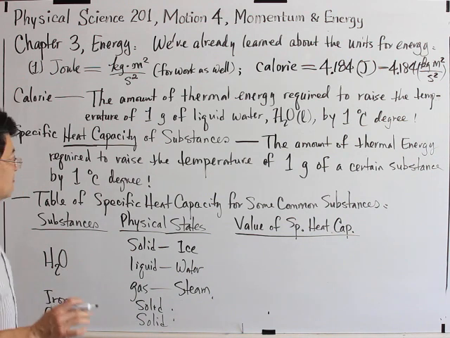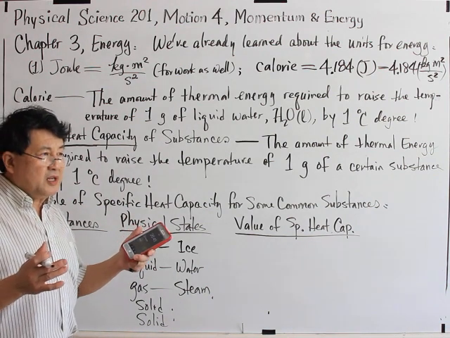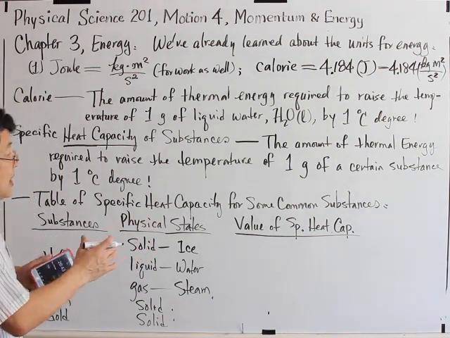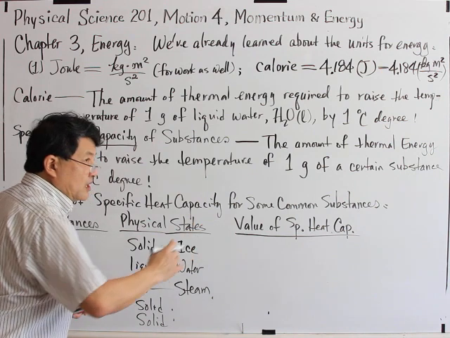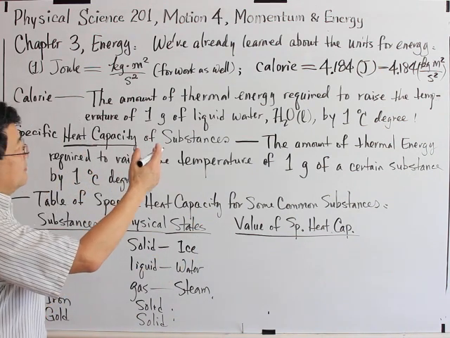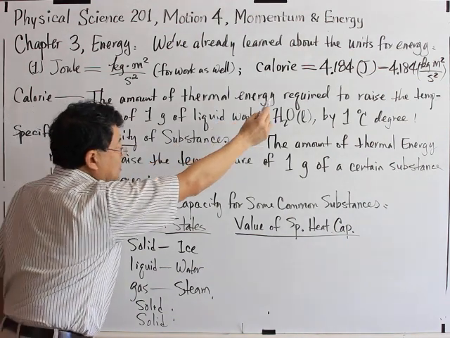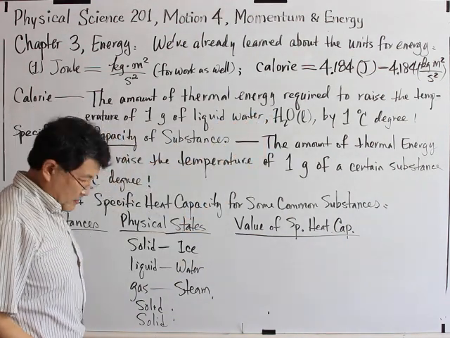So let's give you some idea of the value. Let's go to calorie first, because you are more familiar with calorie instead of a joule. But also in the next column, I will give you the value for a few of them with a joule. The only difference is the conversion between calorie to joule, which is 4.184, right?